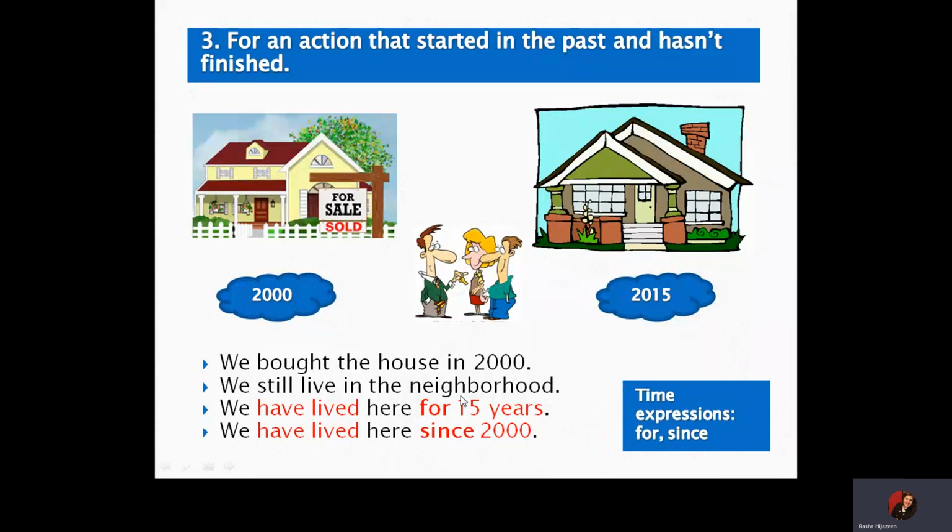For means how many. Since means from the starting time. So, for is used with how many years. But since is from a specific or starting time. Exactly. Specific time. Okay?